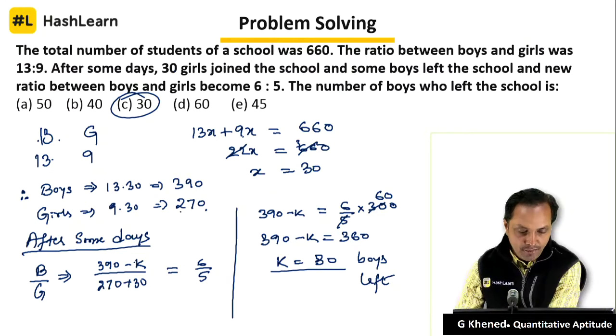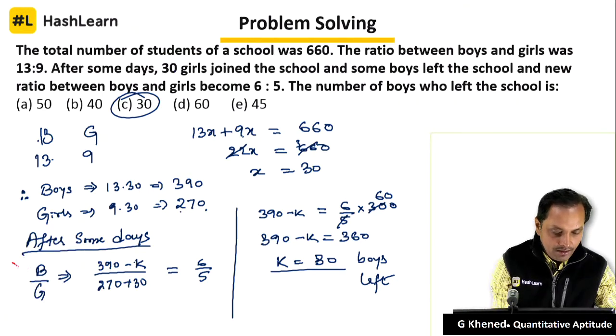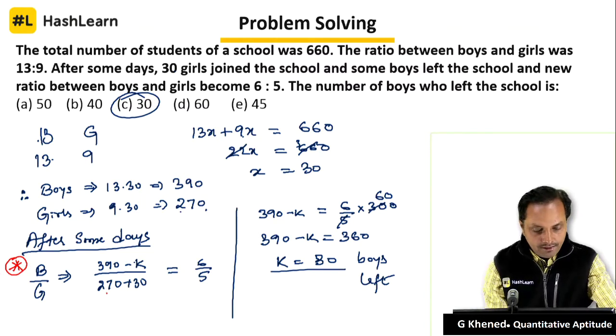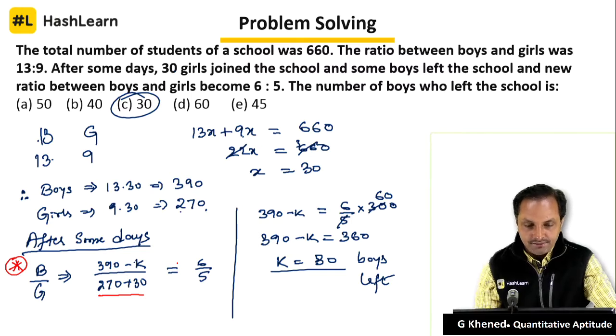So this is one important step. After some days, the number of girls is increasing by 30, whereas the number of boys is decreasing, minus K. So cross multiply, you will be able to get the answer as option C.